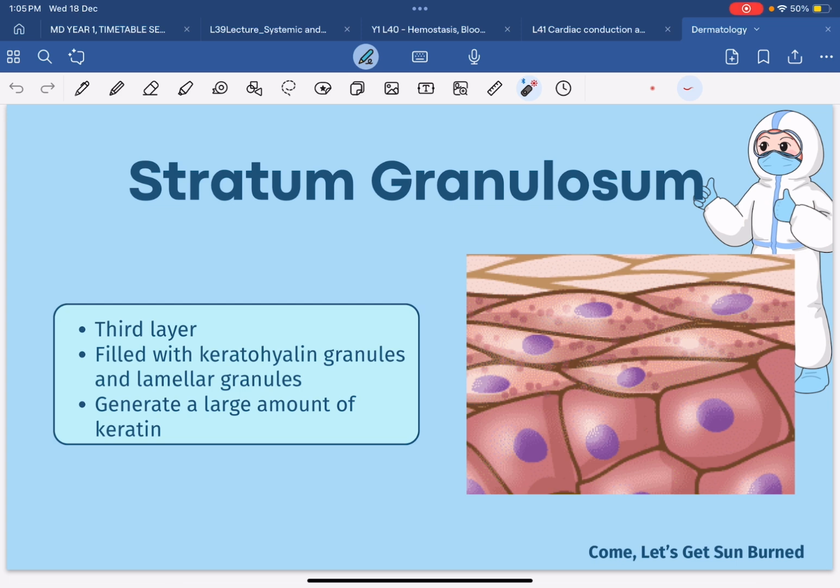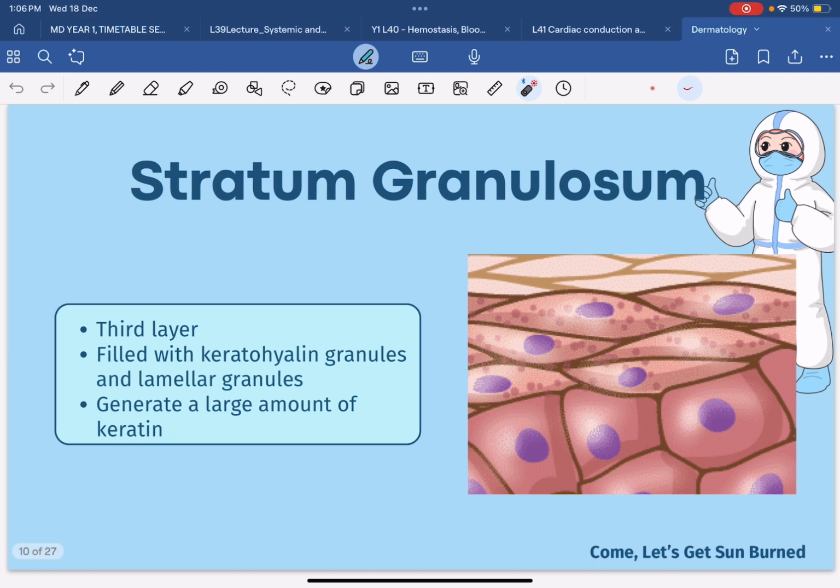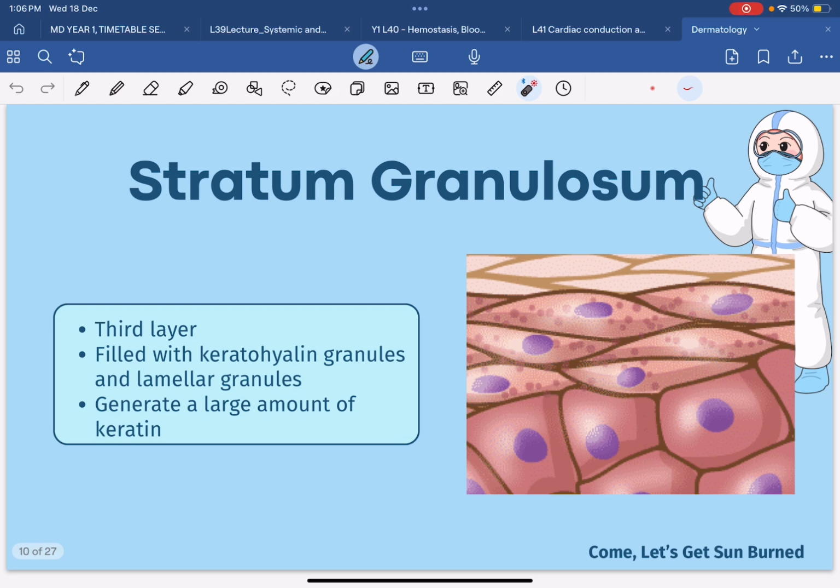It is filled with keratohyalin granules and lamellar granules. The keratohyalin granules contain keratin precursor that eventually aggregates, cross-links, and forms bundles. The lamellar granules release a water-repelling glycolipid into the intercellular space and function as a glue to make the skin waterproof. They also generate a large amount of keratins.